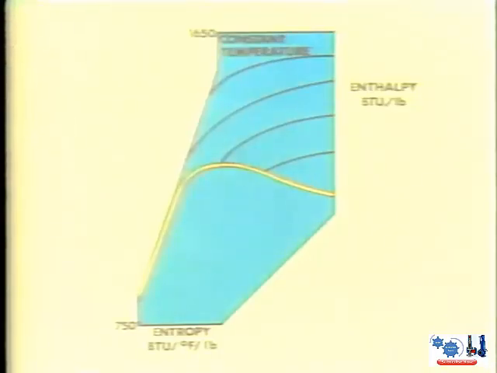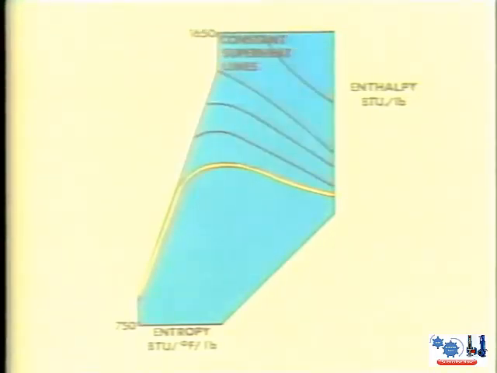Above the saturation line, there are lines that run this way and indicate constant temperature in degrees Fahrenheit. Other lines running in this direction basically follow the same shape as the saturation line and indicate constant superheat, also in degrees Fahrenheit.